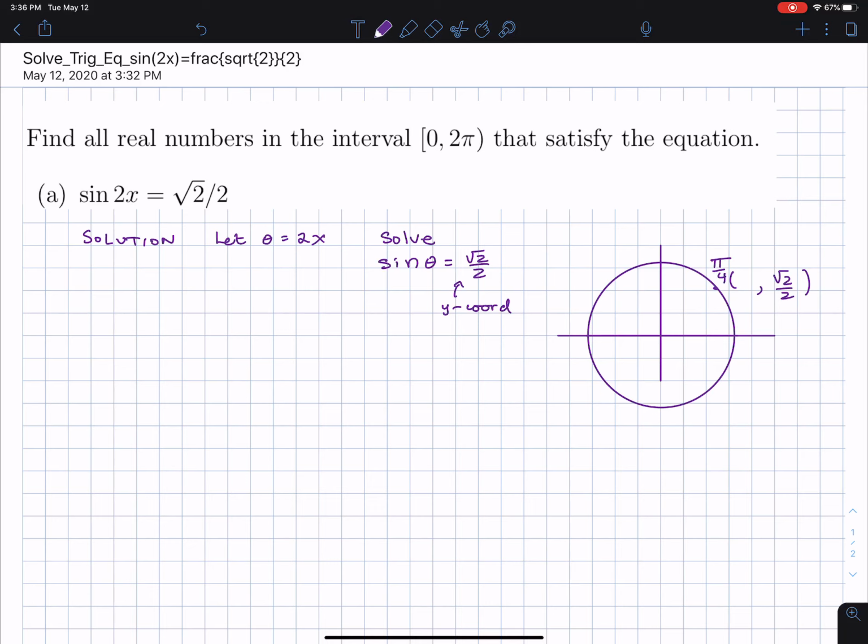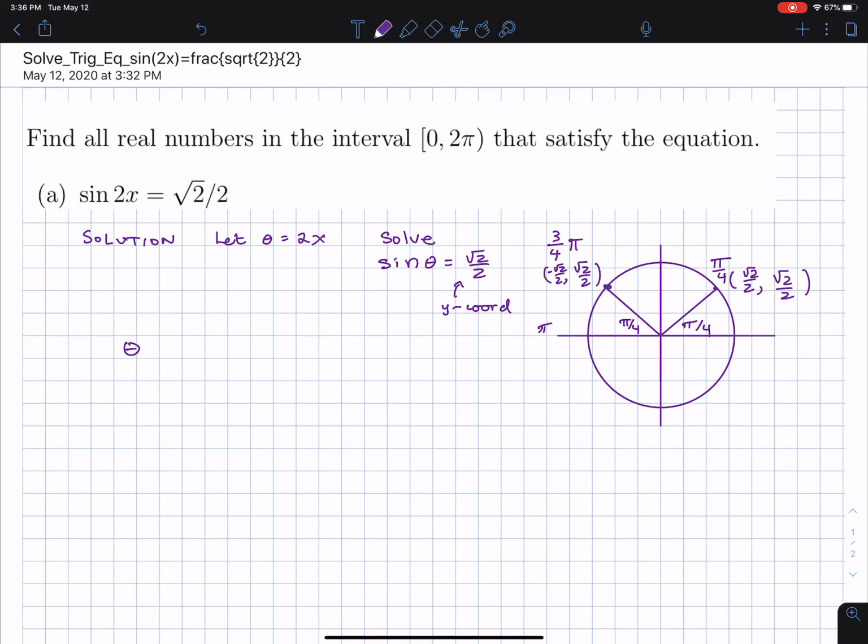And then we can also have the same reference angle of pi over 4, but now we're in quadrant 2, because sine is positive in quadrant 2. And that's going to give us 3/4 pi. You can fill in the x-coordinate, but it's not really necessary.